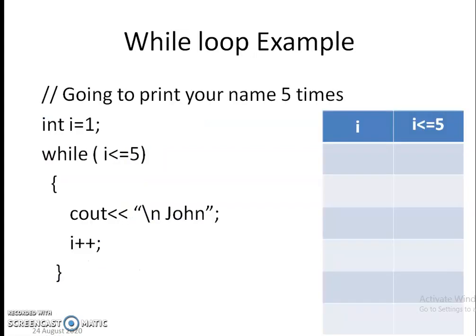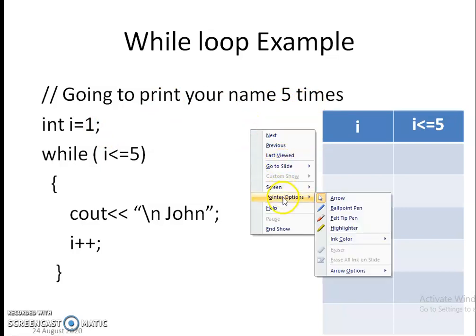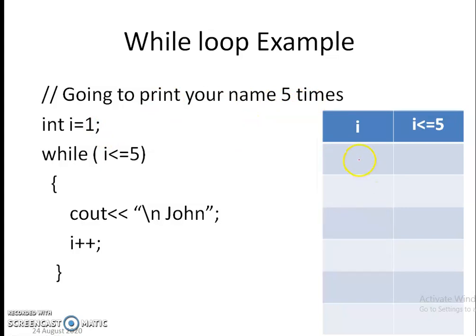Let's see an example for while loop. Here I'm going to print your name 5 times. This is our initialization part. I have initialized our count variable i as 1, and I want to print the values 5 times. At the initial stage, i value is 1.